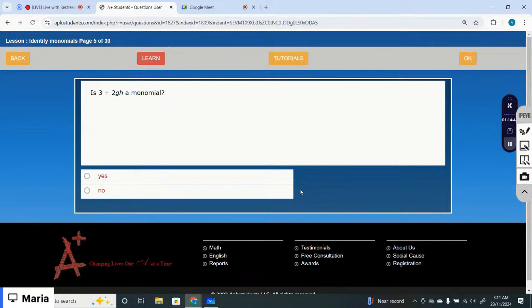The correct option is no, that isn't a monomial. Okay, you can complete the lesson by yourself later today. Let me just move on to the next lesson.